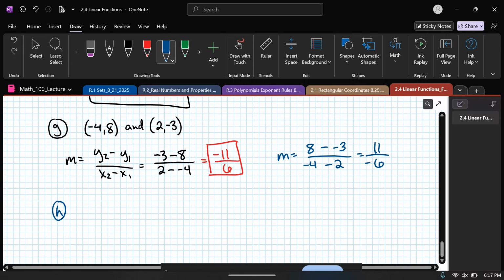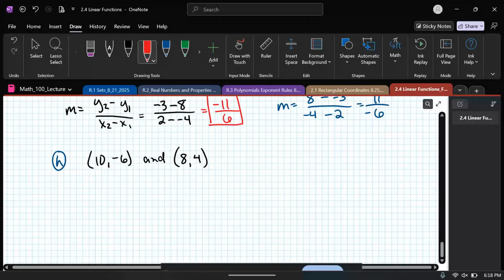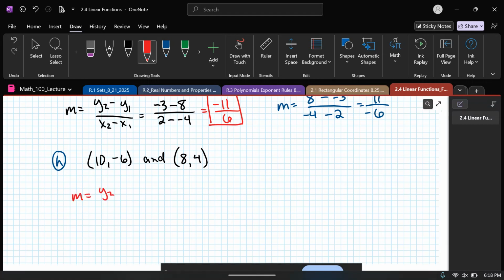Example H. Let's do these two ordered pairs. 10, -6, and 8, 4. So we're going to find the slope. y2 minus y1 over x2 minus x1. Writing that dang formula again.